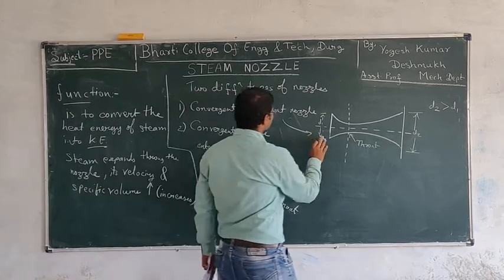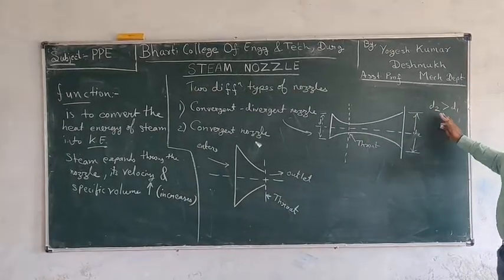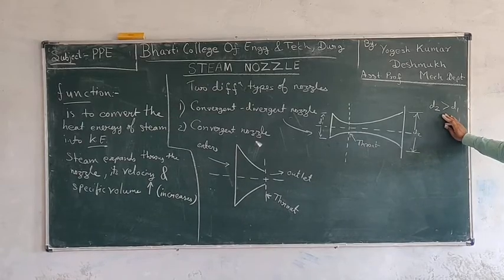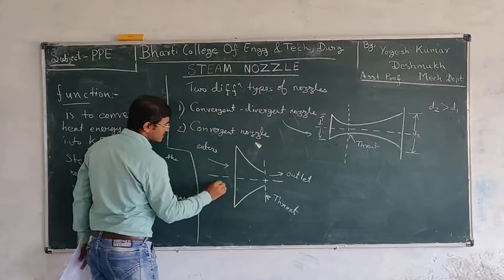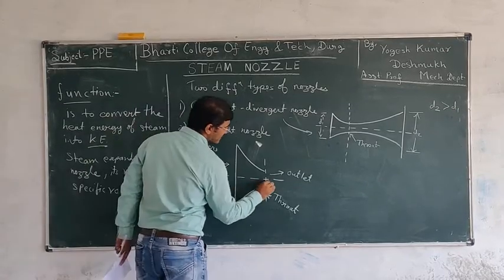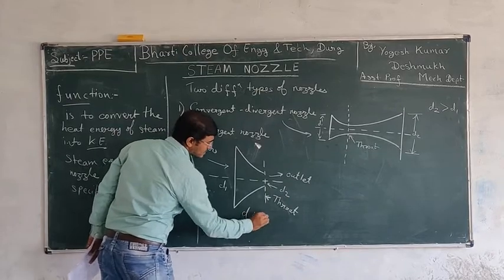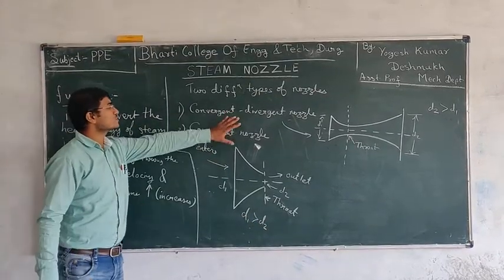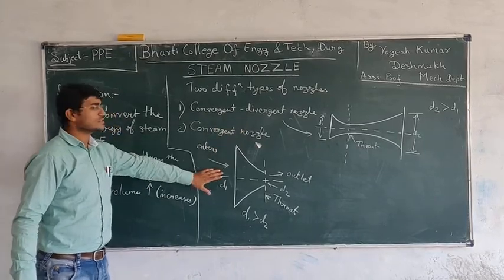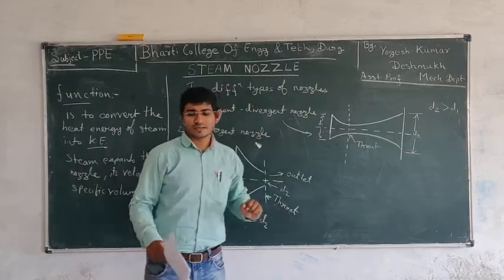In the convergent divergent nozzle, D1 is less than D2. But in a convergent nozzle, D1 is always greater than D2. The difference in these two nozzles is due to their shape and entrance position.